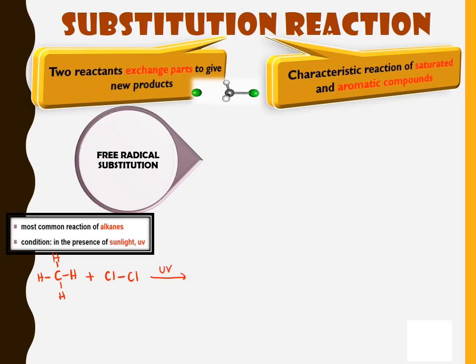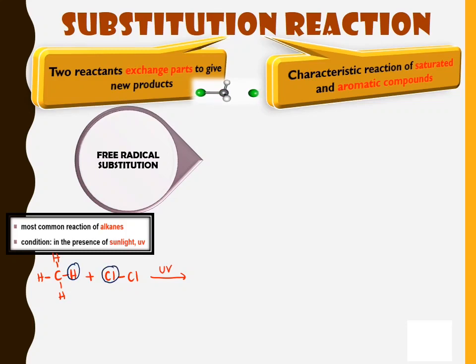So what happened here? We are going to substitute or exchange the part in the reactant. For example, we are going to remove one hydrogen here and replace it with a chlorine atom.